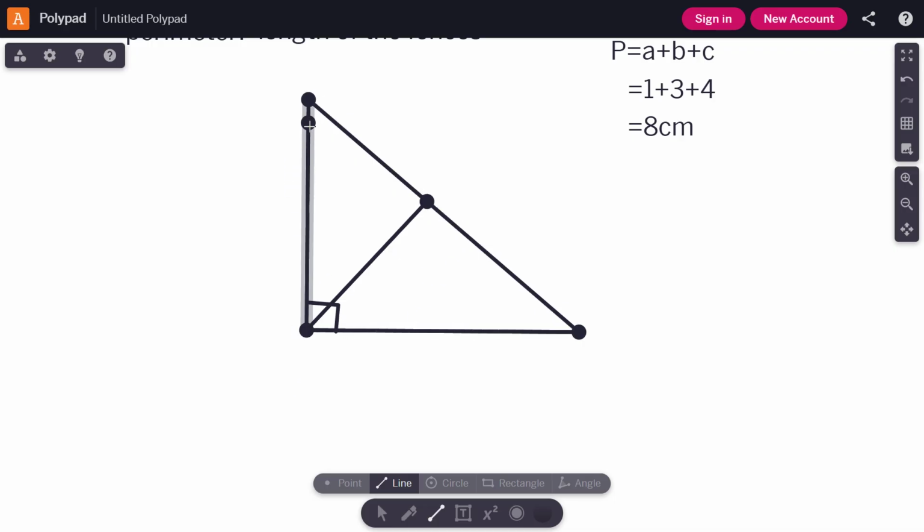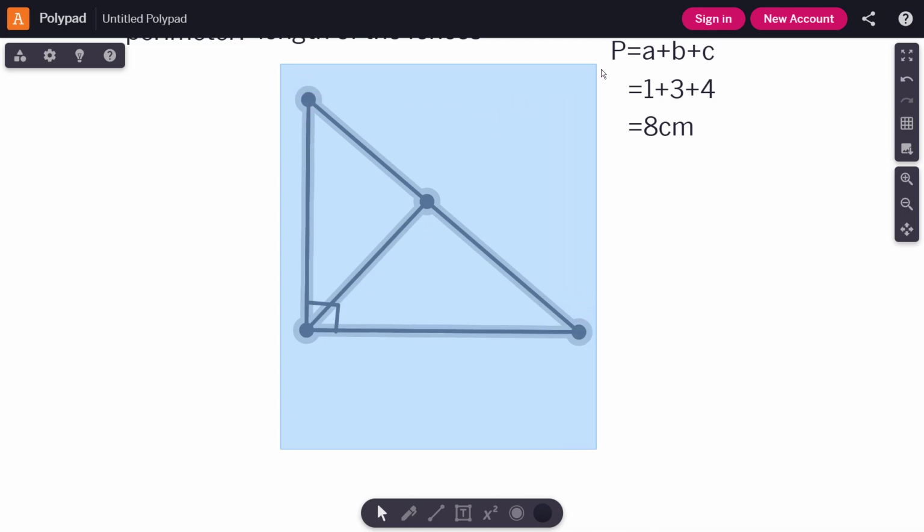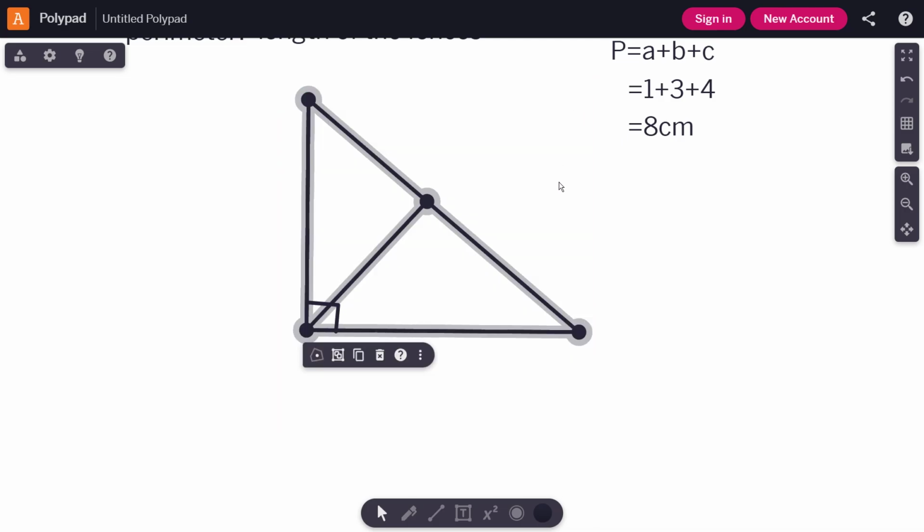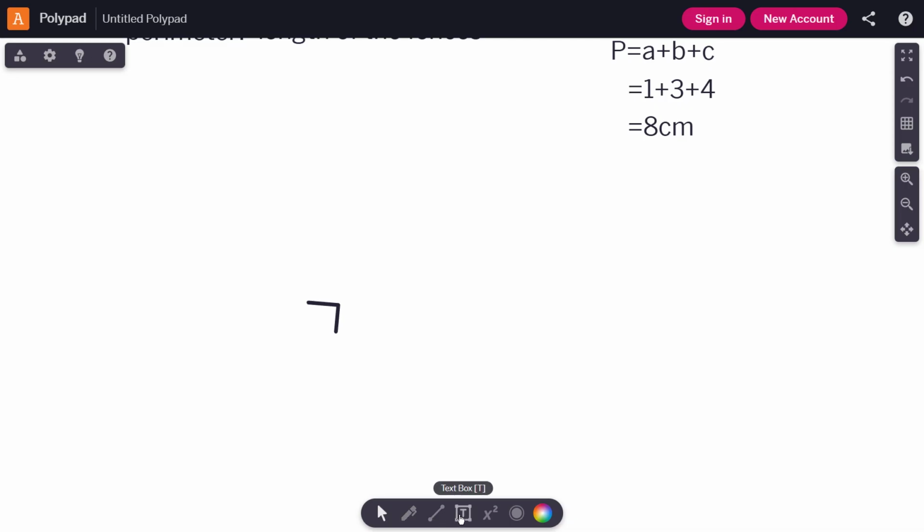For this side, it's also the same. We have this as the height of this side. Okay, that's the second tricky one. Its heights are hidden in the sides.